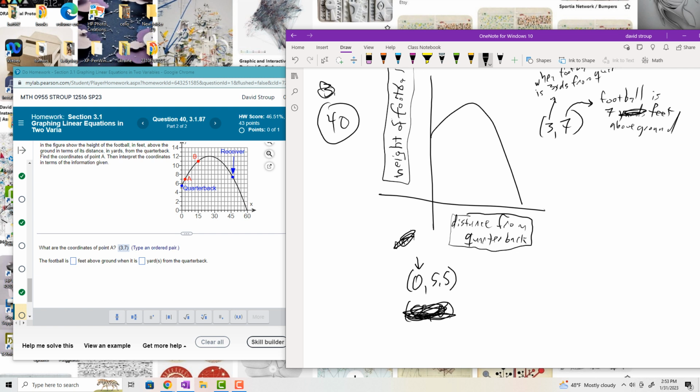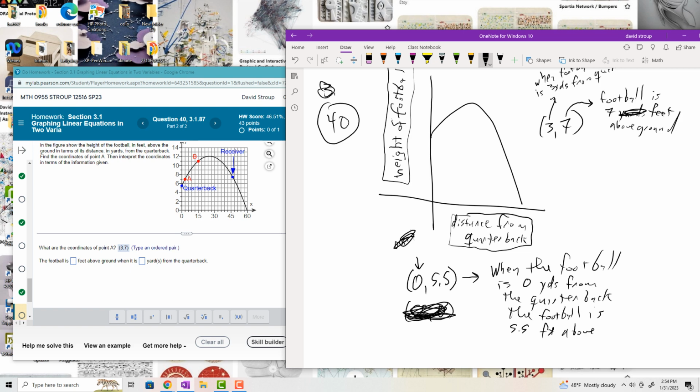But if you look at this first ordered pair, which we're going to call the y-intercept lately, this would indicate that when the football is 0 yards from the quarterback, the football is 5.5 feet above the ground, which kind of makes sense, right?